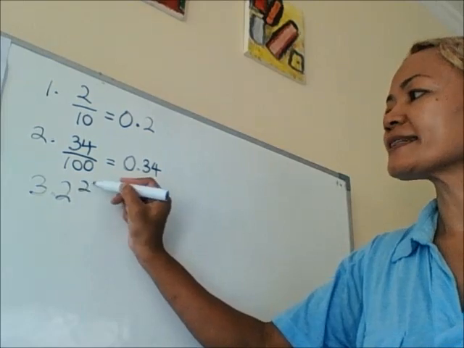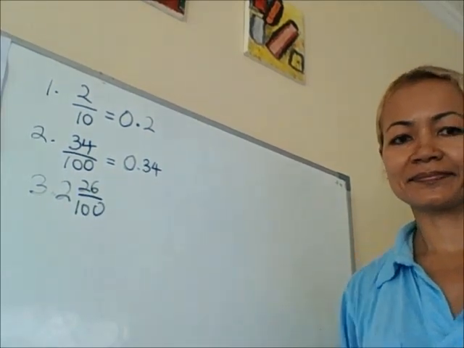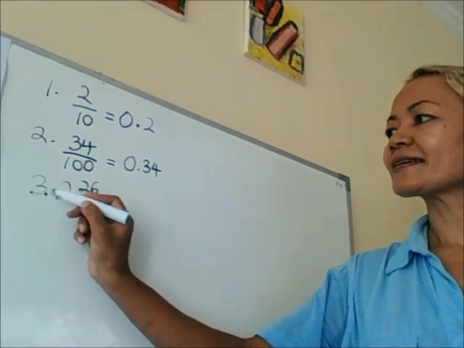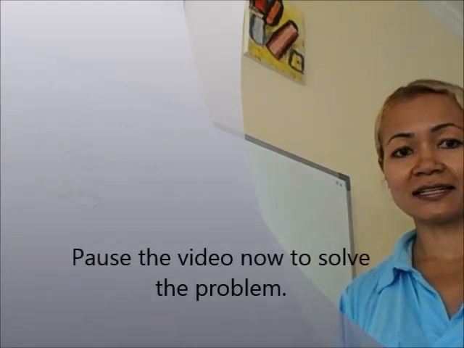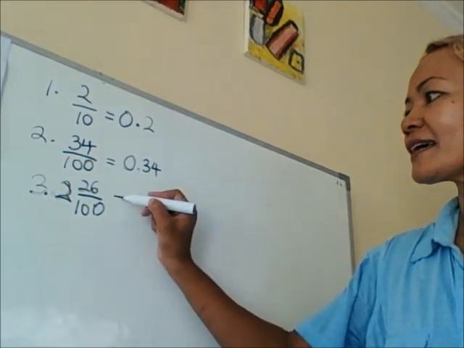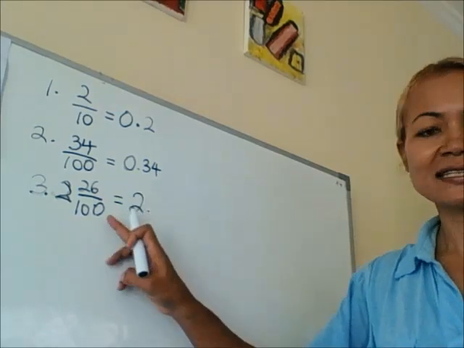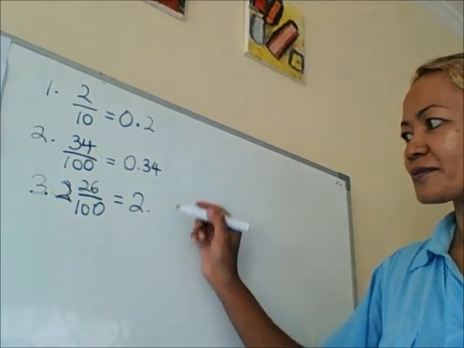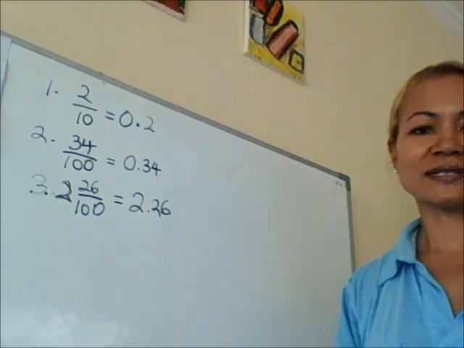2 and 26 over 100. Right, I'll give you some time to solve that now. Okay, hope you're done. 2.26. 2 digits there, that goes into the 2 columns, the tenths and the hundredths. 26.